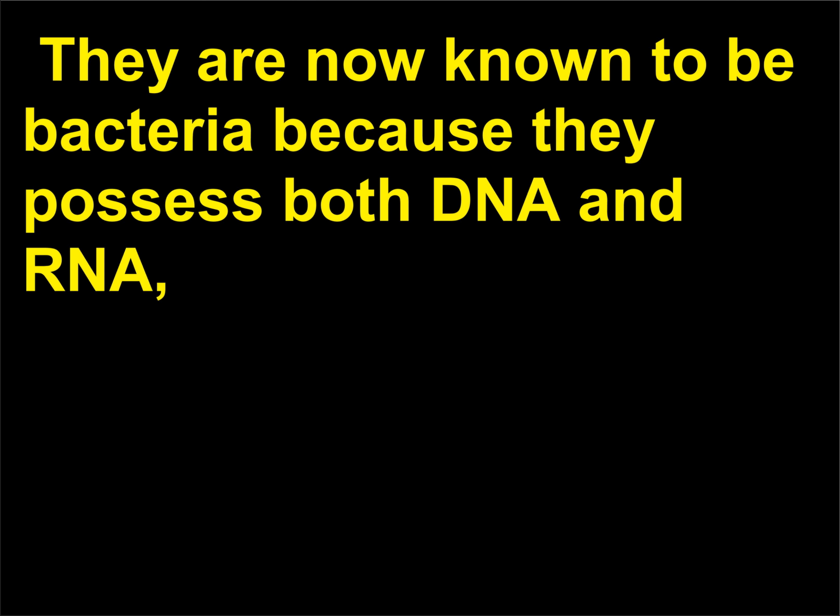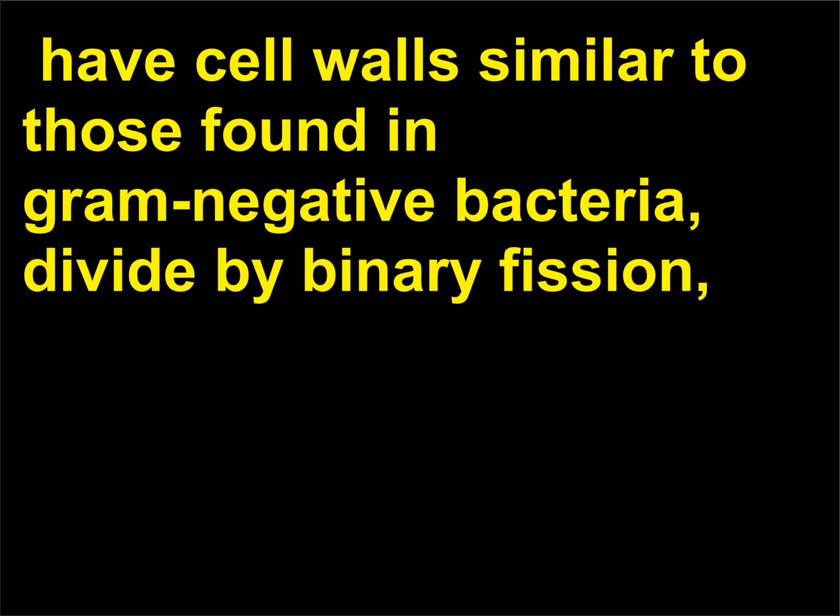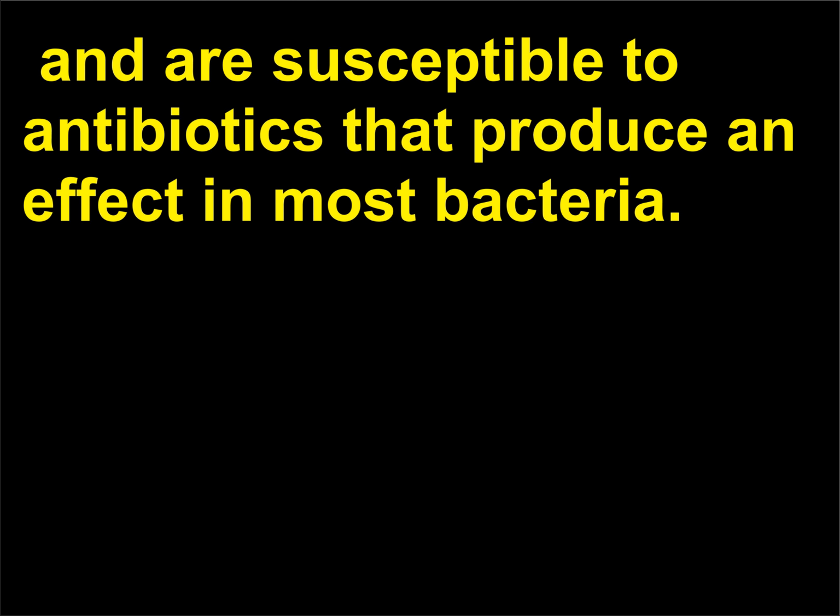They are now known to be bacteria because they possess both DNA and RNA, have cell walls similar to those found in gram-negative bacteria, divide by binary fission, and are susceptible to antibiotics that produce an effect in most bacteria.